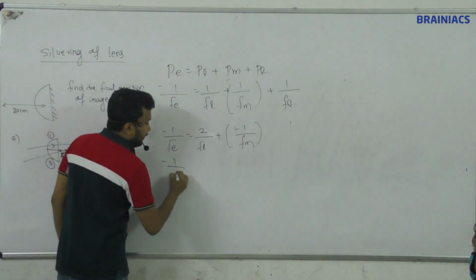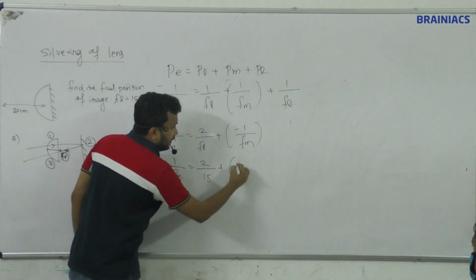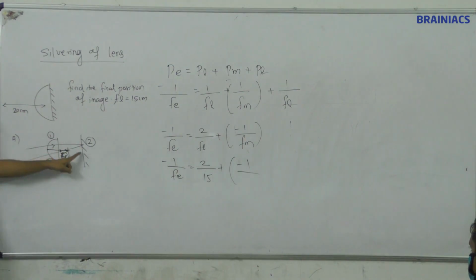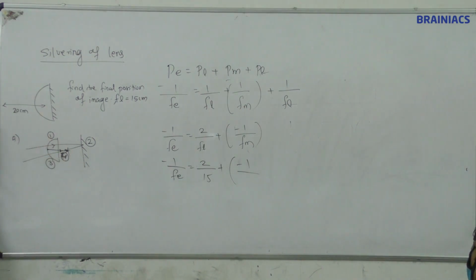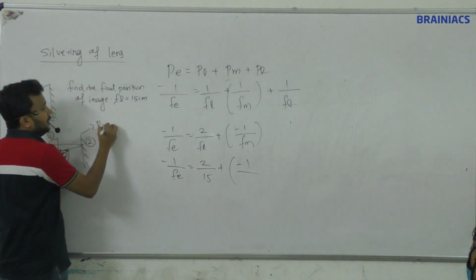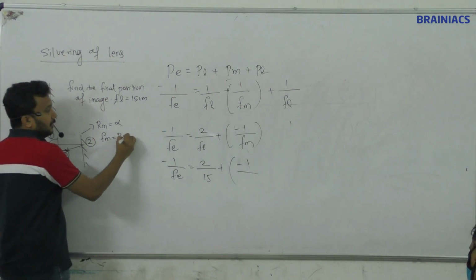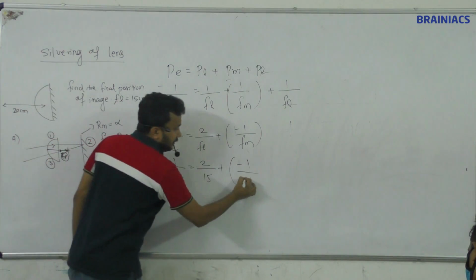So minus 1 divided by Fe equals 2 divided by 15 plus minus 1 divided by Fm. What is the focal length of a plane mirror? Infinity. A plane mirror has no focal length because it has no radius of curvature. The radius of curvature is infinity. Here RM equals infinity, so FM equals RM divided by 2, which is infinity.